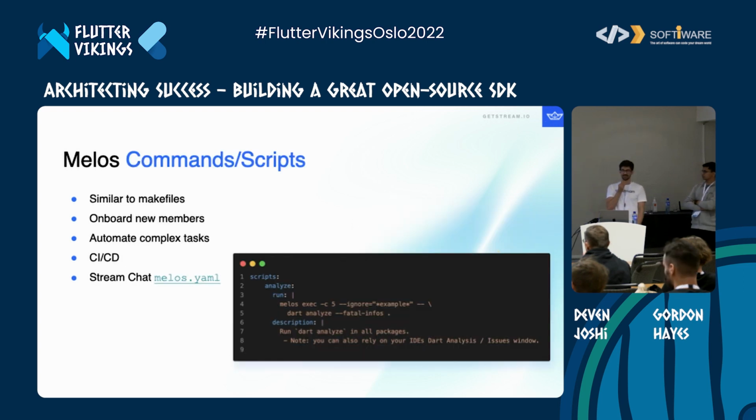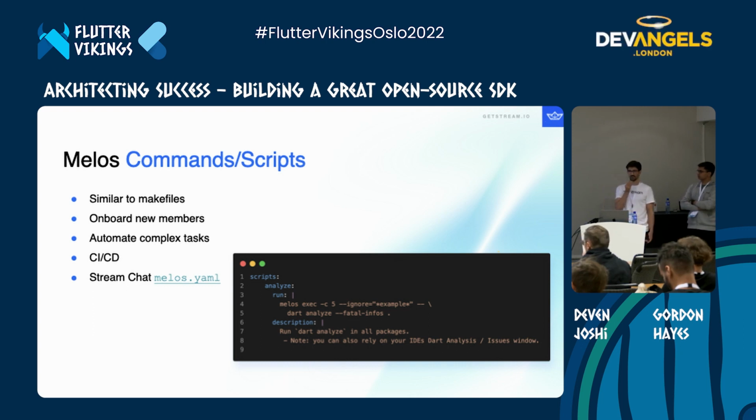A very nice feature that Melos also has is the ability to easily execute predefined scripts. The code that is shown there is just showing you an example of running analyze. It's just an arbitrary example that we're showing here, but it's similar to makefiles.